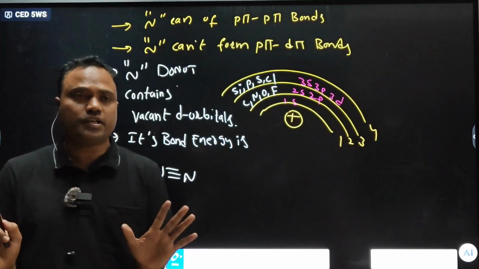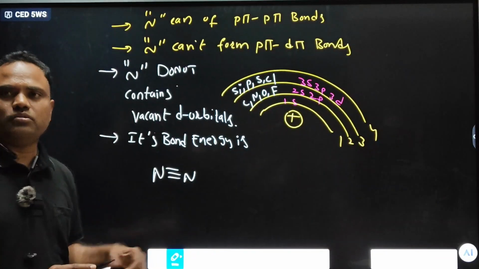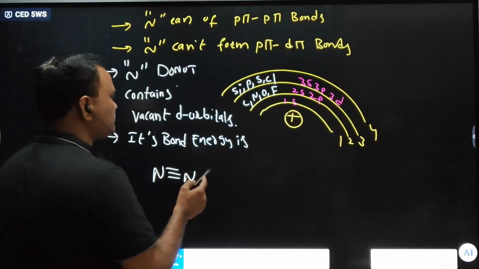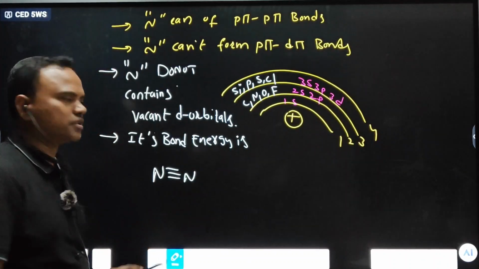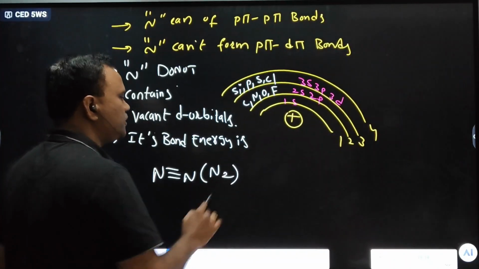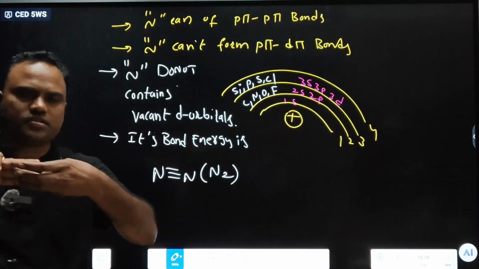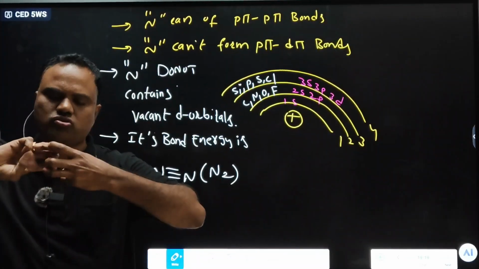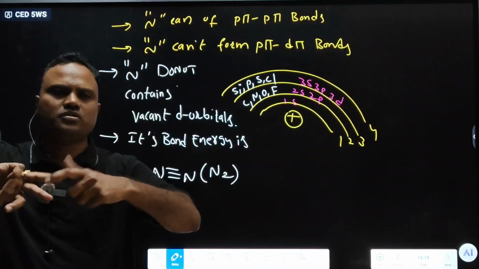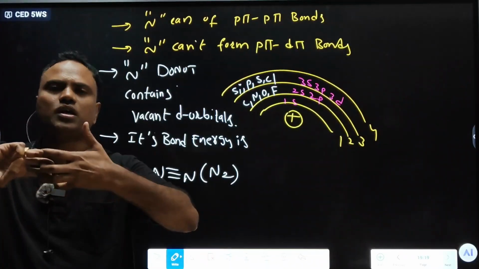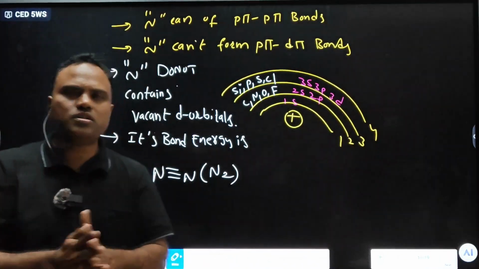Very important, don't get confused. N2 bond energy, diatomic nitrogen we are discussing, is more. Why? Triple bond is there, so it is a strong bond. Double bond is weak, single is weak. You cannot cut a triple bond. So its bond energy is more.